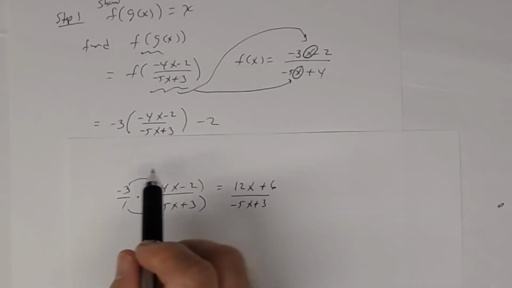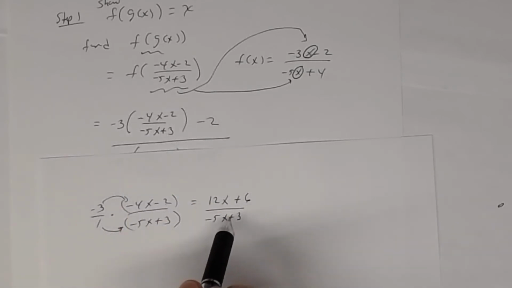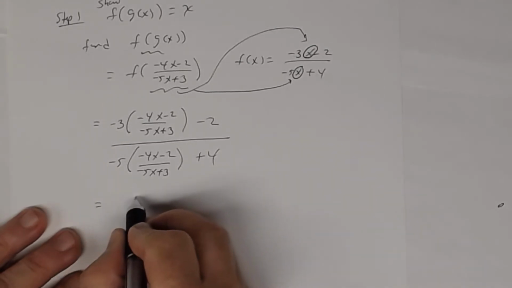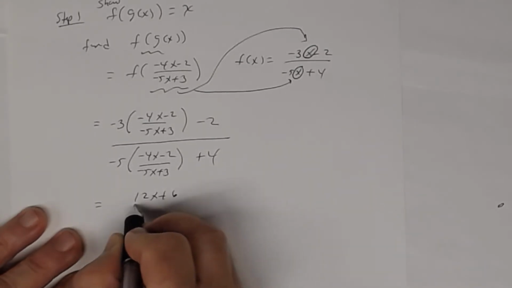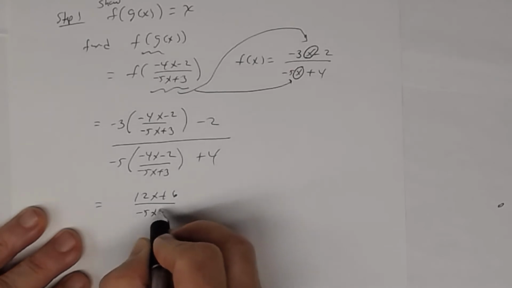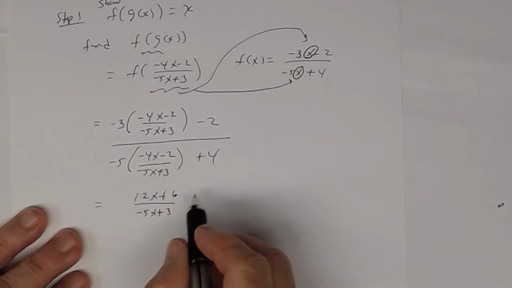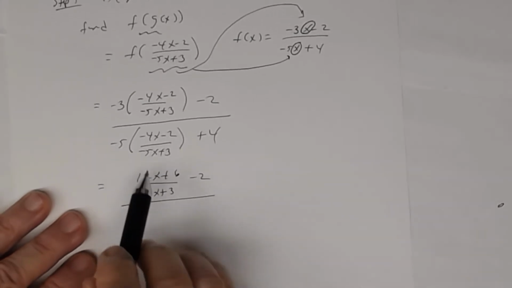Okay, so this right here is this. All right, so that becomes 12x plus 6 divided by negative 5x plus 3. So that is this. Subtract 2. Divided by, and then do the same thing here. So let's look at that one.